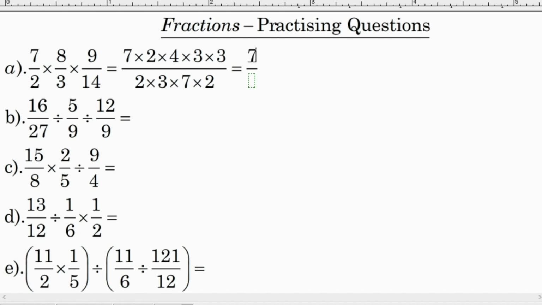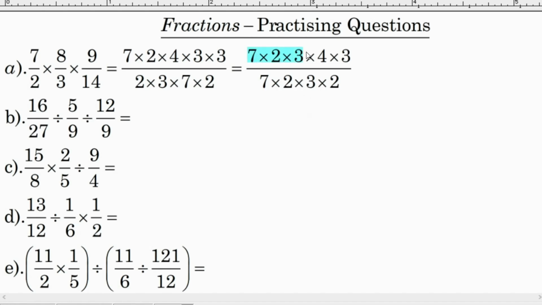Let me put 7 multiplied by 3, multiplied by 4, multiplied by 3, and the denominator is still the same: 7 multiplied by 2, multiplied by 3, multiplied by 2.